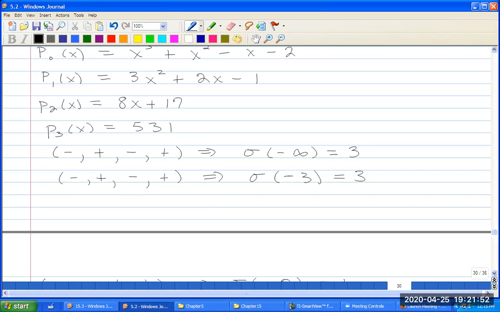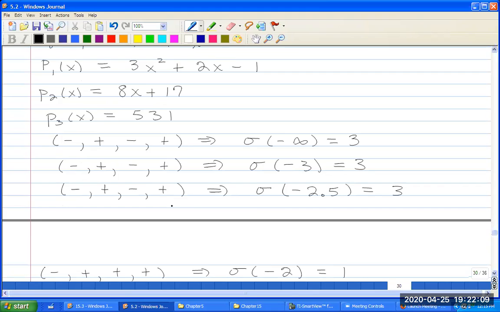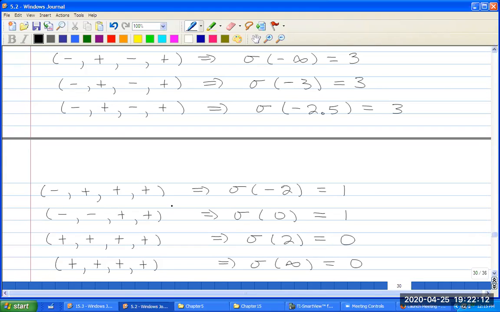Ooh, that means there's no roots there. There are two roots really close to negative 2. That's 1, 2, 3. Yeah, there are two roots between negative 2 and negative 2.5.